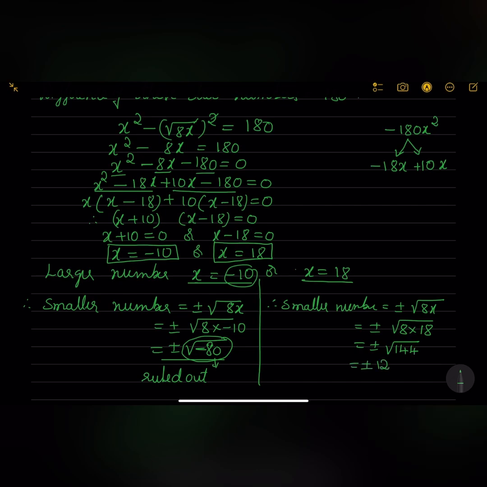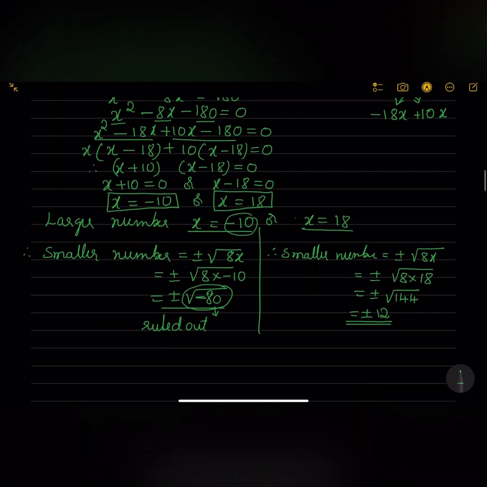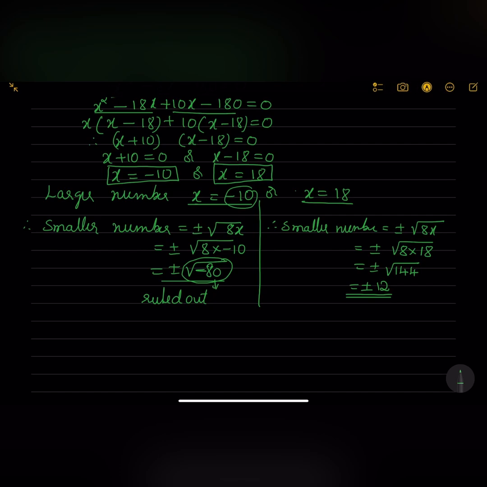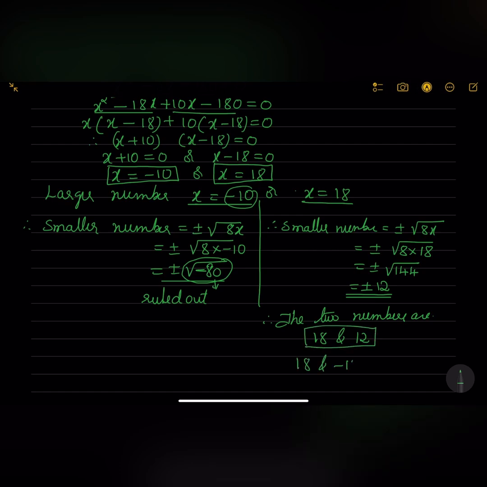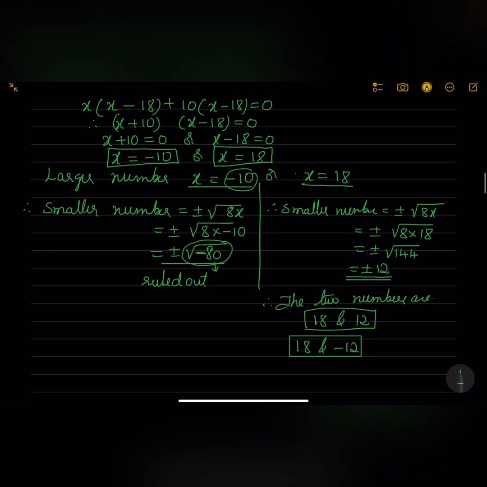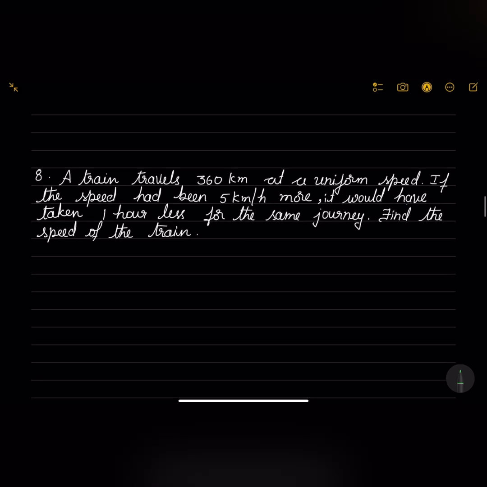The square root of 144 is 12. So the smaller number is plus or minus 12. Therefore, the two numbers are 18 and 12, right? Then 18 and minus 12. So these are the two numbers. Okay, we'll go for the next one, that is the 8th one.